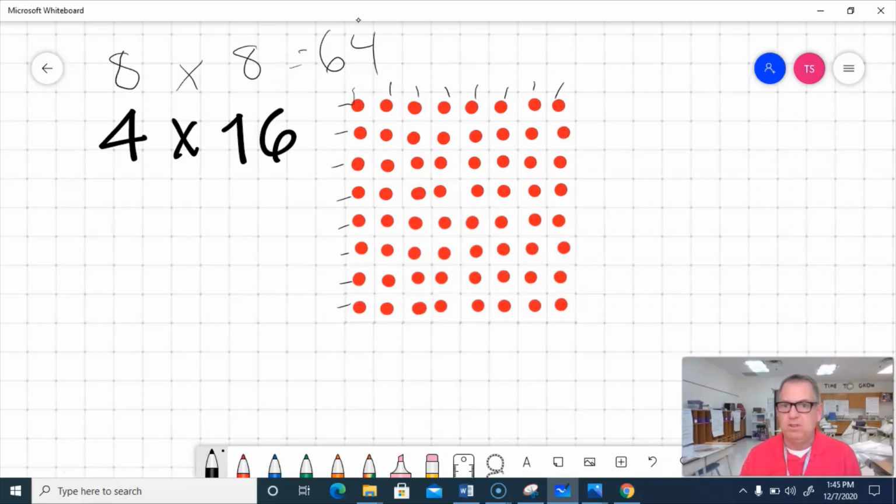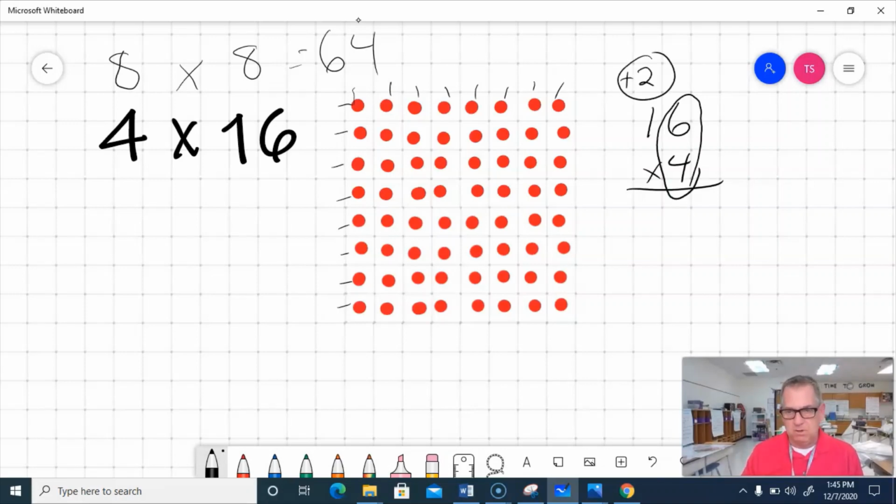And we'll do the 16 times 4 using the standard algorithm. So I'm not going to use the commutative property. Actually, what I'm going to do is 16 times 4. On the standard algorithm, we multiply the ones place by the ones place, and 6 times 4 is 24. And I carry my 2.